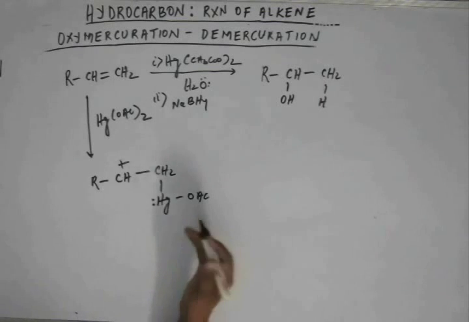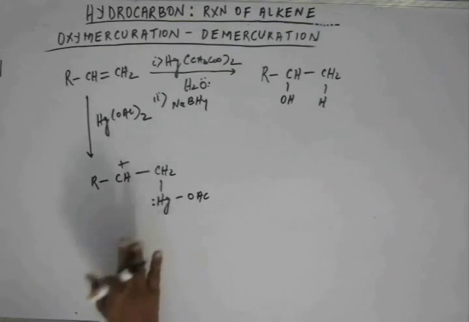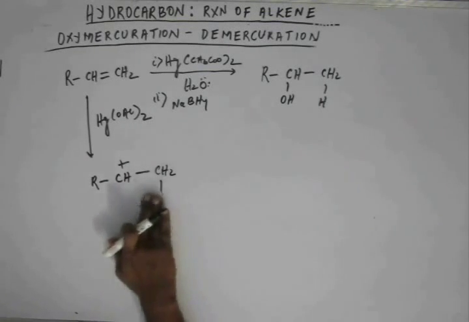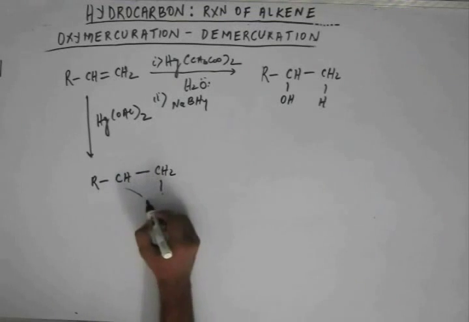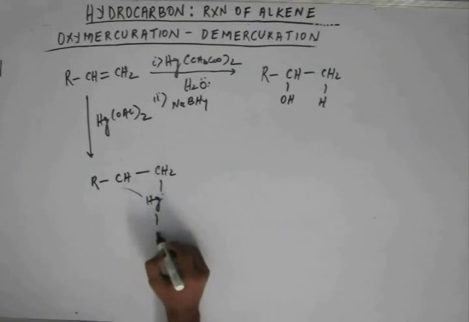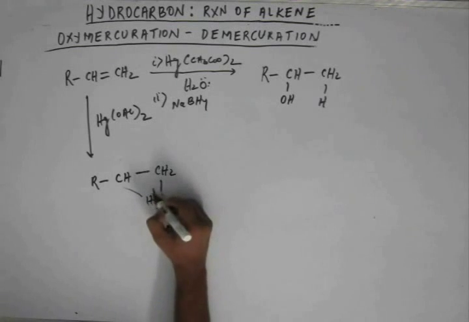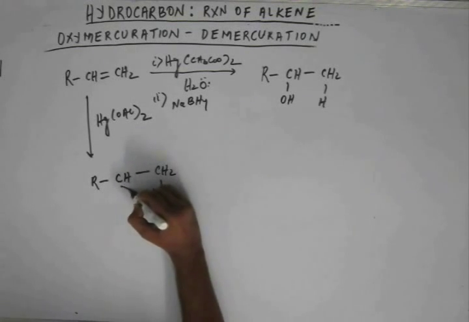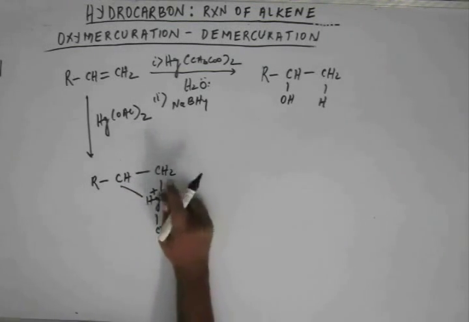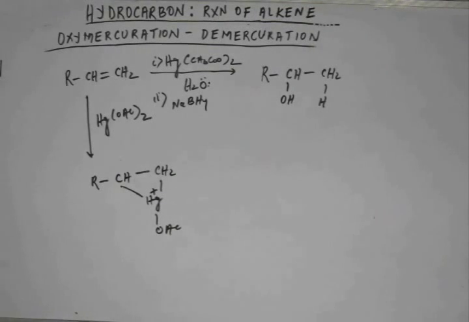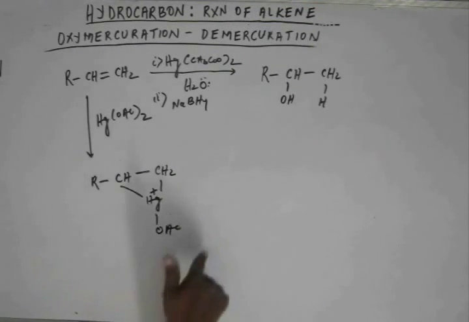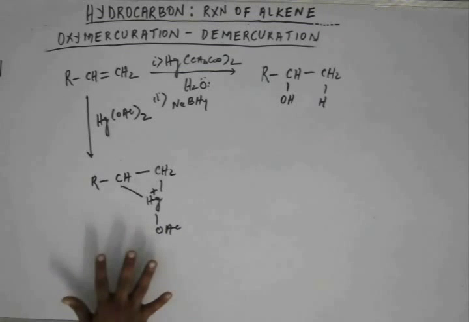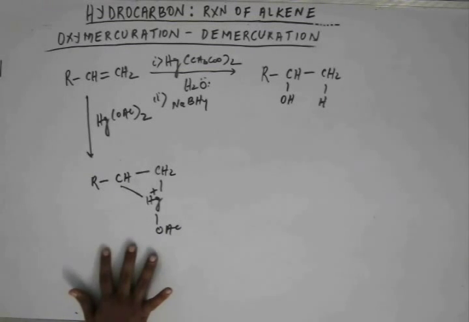But for the sake of understanding, I have shown you that. What would exist is a bond formation between mercury and this carbon, and because of that coordinate bond, this mercury will develop a plus charge. So this intermediate will exist in the form of a cyclic mercurinium ion.